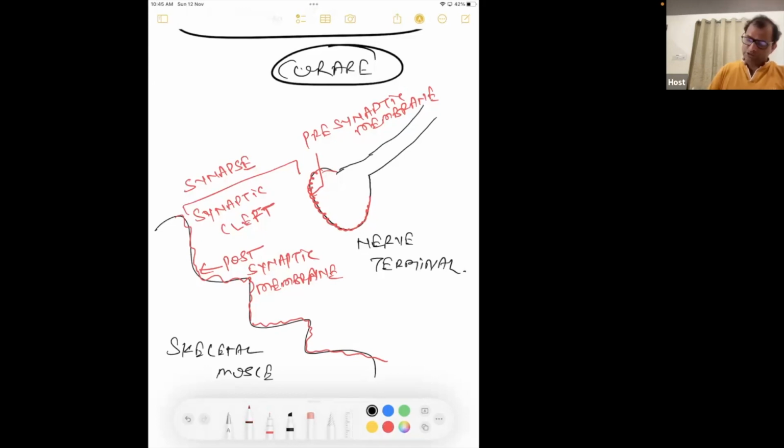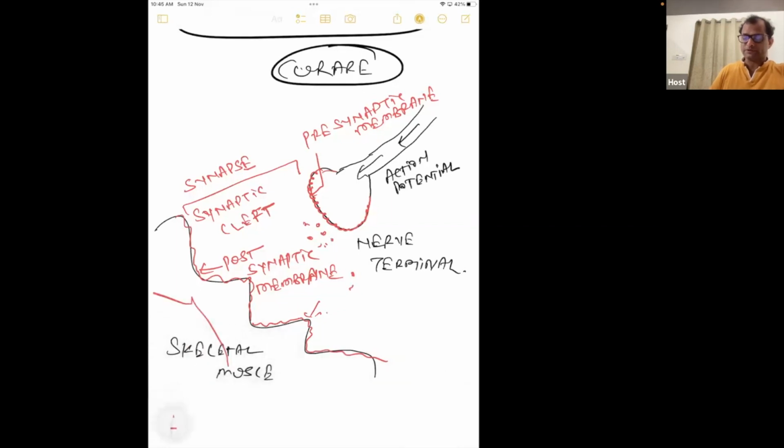So when this action potential is coming in the nerve first, then it takes the form of chemical signals here. Then it acts on the muscle layer. Then the movement is possible.